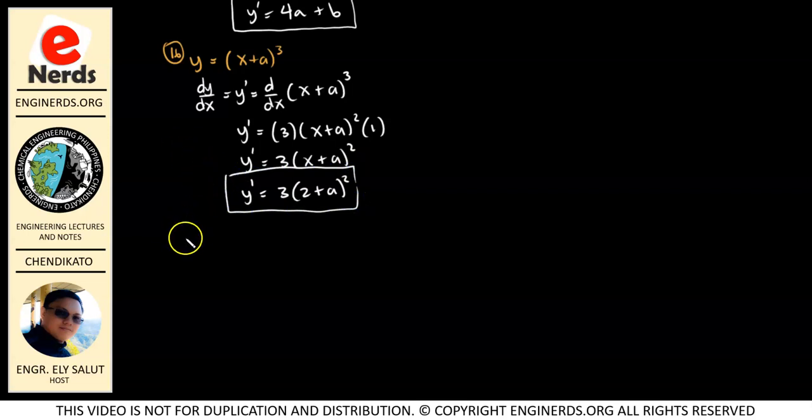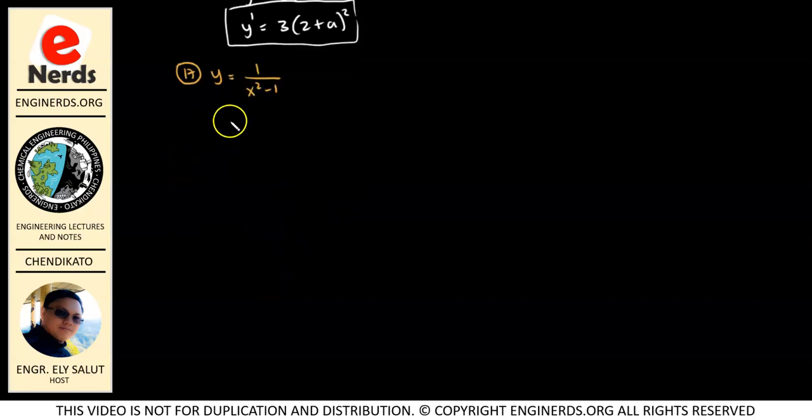Now we'll go to problem number 17. We have y is equal to 1 over x squared minus 1. Okay? So we will get dy over dx, which is equal to y prime, d over dx of 1 over x squared minus 1. So y prime is equal to, we'll copy the denominator, we have x squared minus 1.